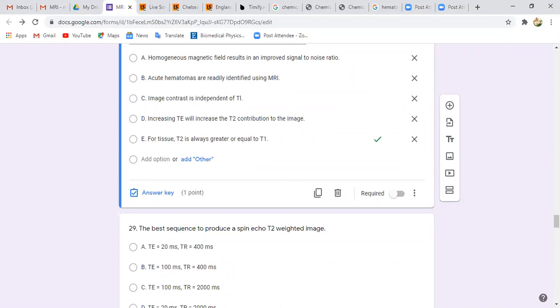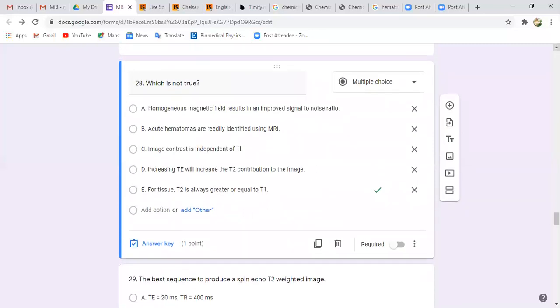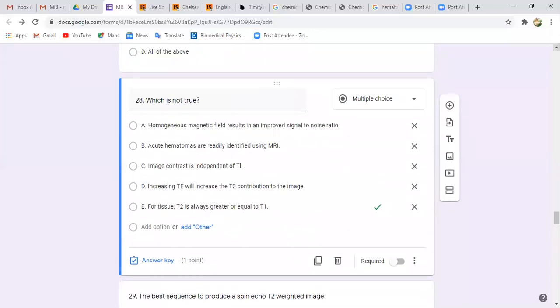Could it be the answer if it had been T1? If it's T1, then it will not be true, because image contrast is also dependent on T1 too. Okay, that's what I want to hear.